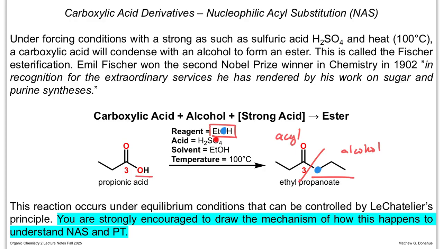So knowing what we know about acid-base chemistry, we'll walk through this where we show the intermediates that are either neutral or positively charged, and how we can affect the product yield from this.